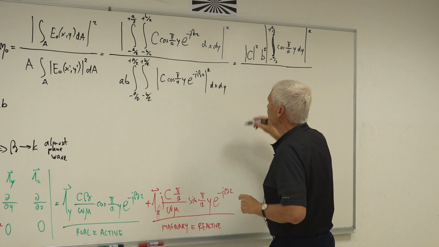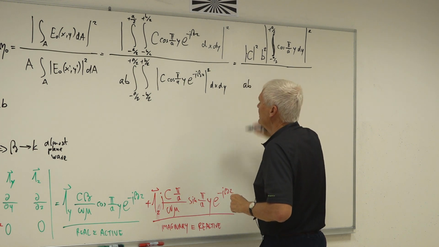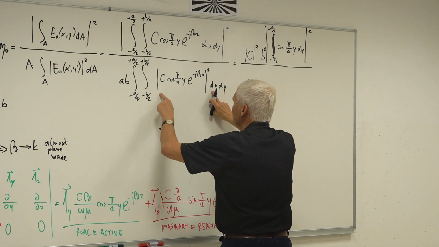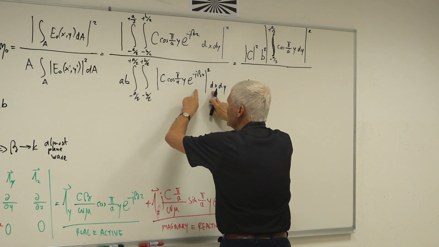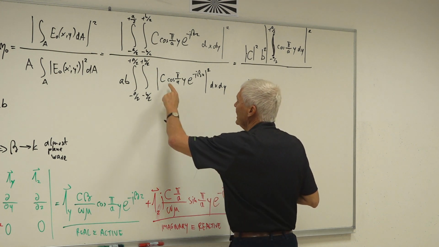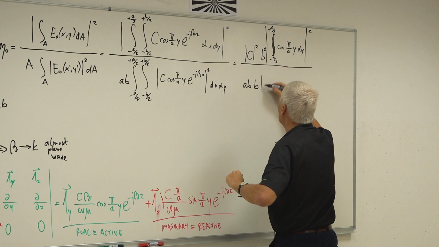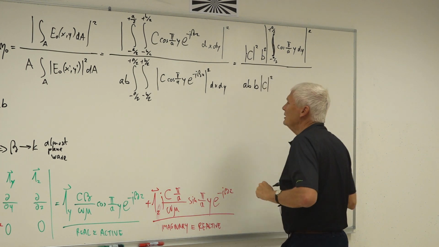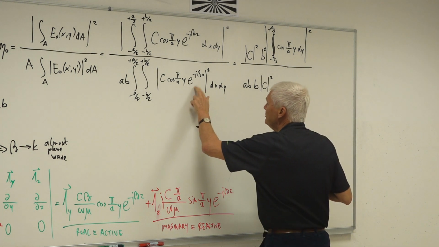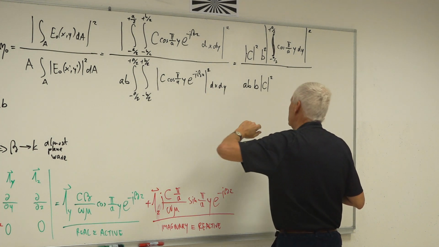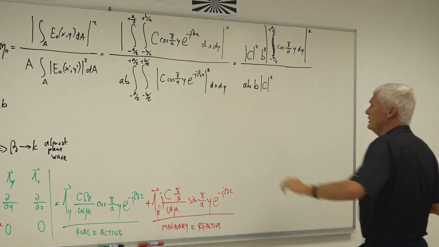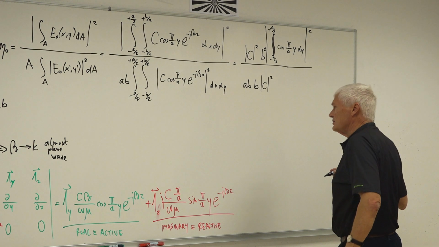In the bottom I have ab. Then I have an integral over x, and this is not a function of x, so it's just times b. Then I have the constant squared. The absolute value would eat the beta z, the imaginary exponent function of an imaginary argument.